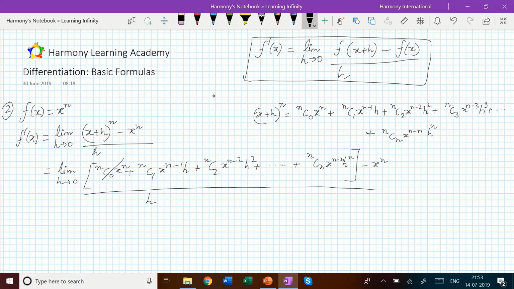Now the first term and the last term cancel each other because n c0 x to the power n is nothing but x to the power n.